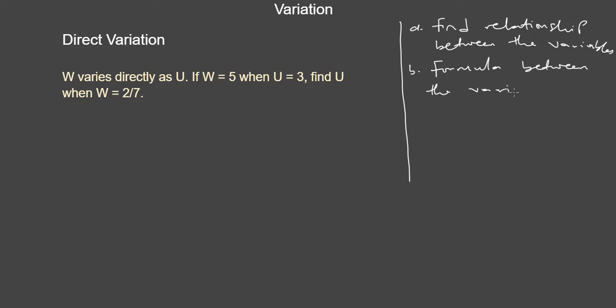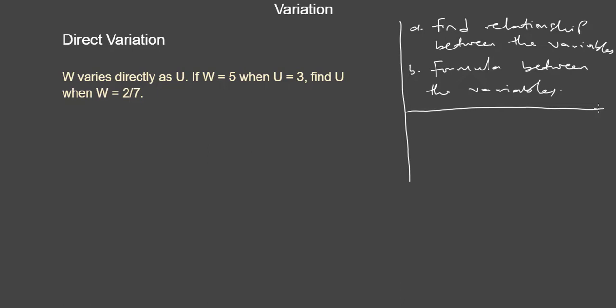Now these two are slightly different. When you're asked to look for the relationship between the variables, they just want you to interpret the question literally and not go beyond that. But when you're asked to look for the formula, you're expected to look for what we know as the constant. I'm going to explain that using this example. Now, let's say you are asked to look for the relationship between these variables for this question. How do you go about it? What you expect to do is to interpret it.